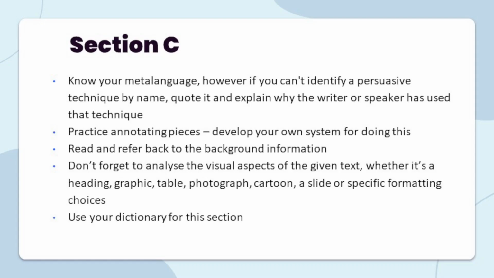Practice annotating pieces and use your own system for doing this. I know some students will break up the piece into 3 clear arguments, define where those arguments are, and then they might have a different color for highlighting and finding the techniques for each argument.